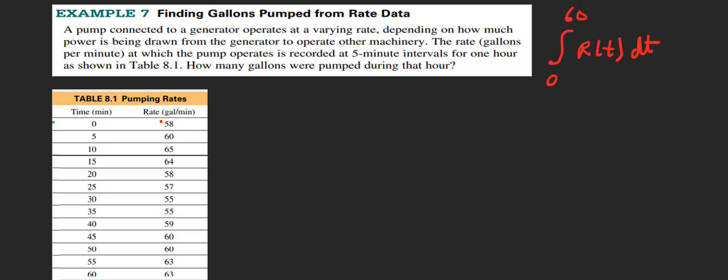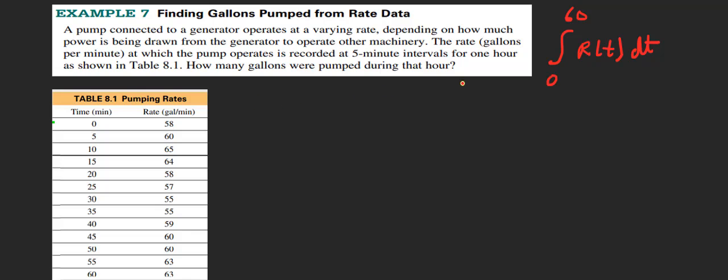But for this problem, they only gave us a table, and we don't have any formulas or graphs. Since they gave us a table, we need to go back to using the trapezoidal rule. Do you remember the trapezoidal rule?